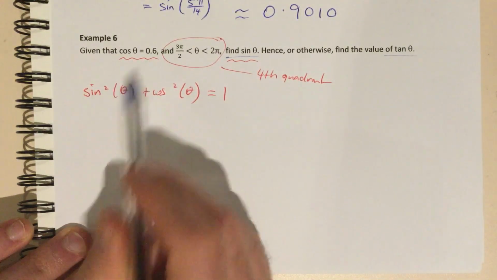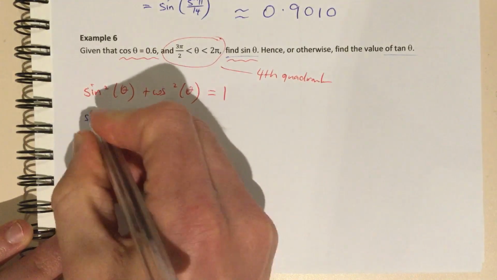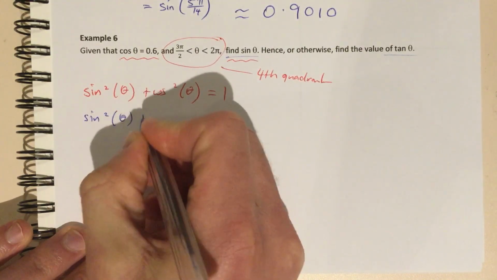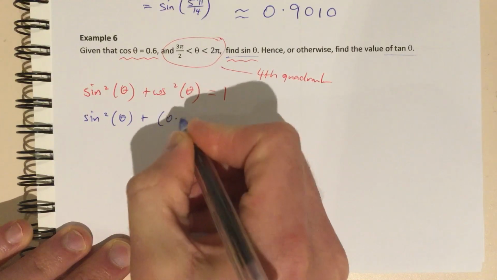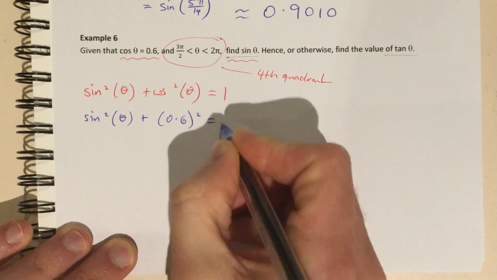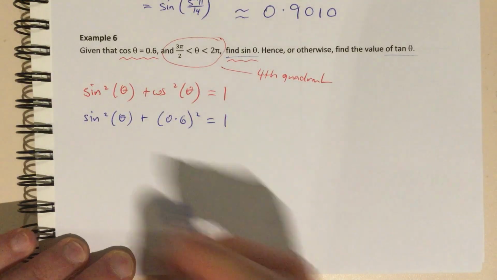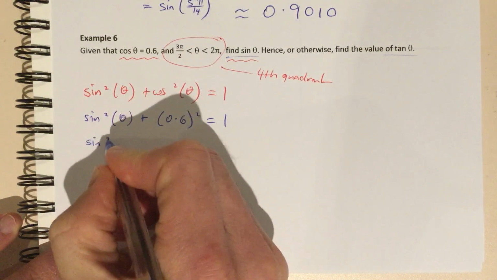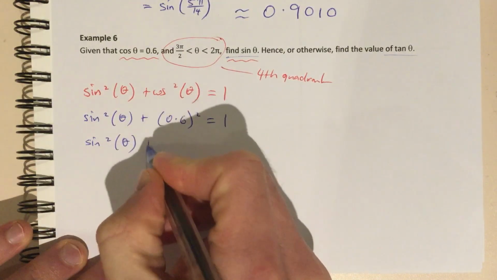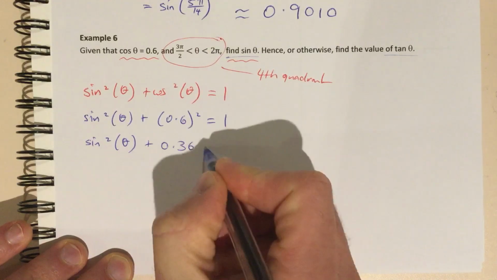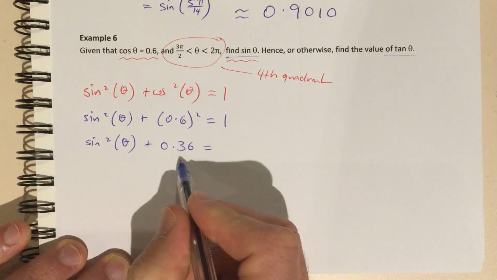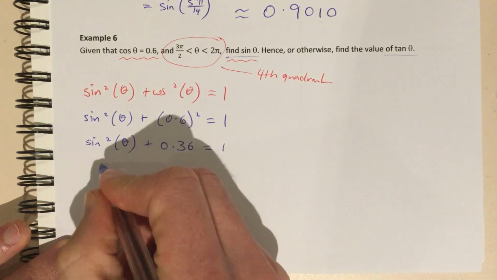Okay, so let's use this rule and put in what we know. We know that cos theta is 0.6, so sine squared theta plus 0.6 squared is equal to 1. Sine squared theta plus 0.36, because 0.6 times 0.6 gives you 0.36, is equal to 1.